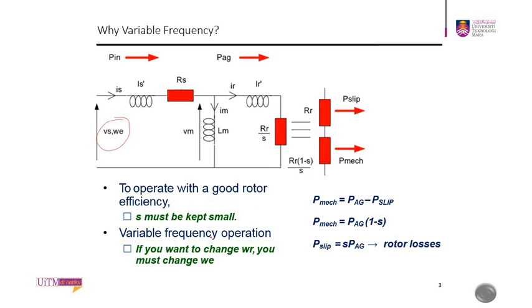With variable frequency operation, if you want to change the rotor speed, of course you must change the electromagnetic field speed, omega E, and the power will be transferred to the rotor speed.